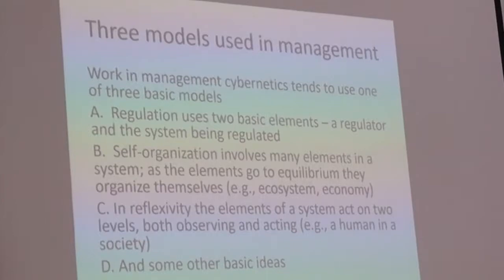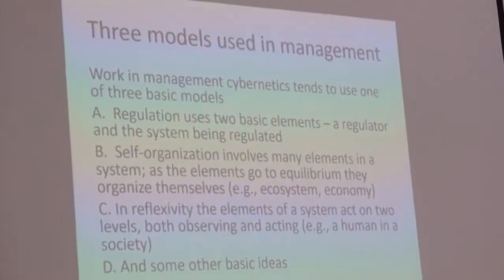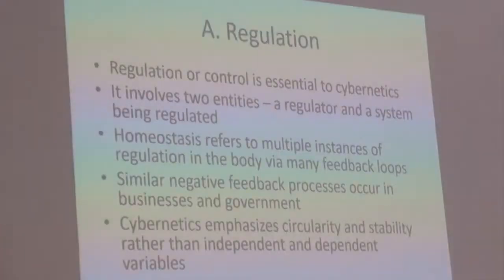You both observe and participate, and observe and participate. Regulation is essential in cybernetics. Homeostasis in the body is an example of many regulatory processes that control your blood volume, blood sugar level, etc. Similar multiple feedback loops exist within businesses and in societies.